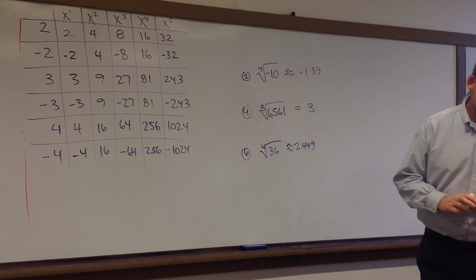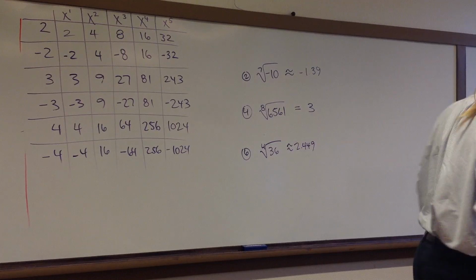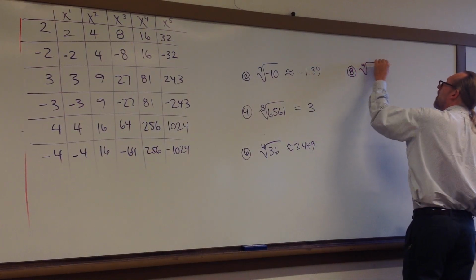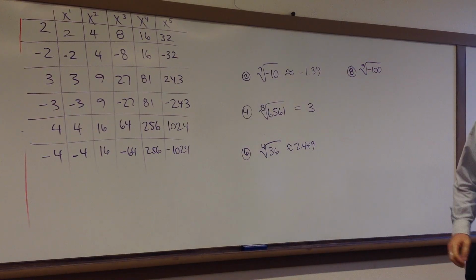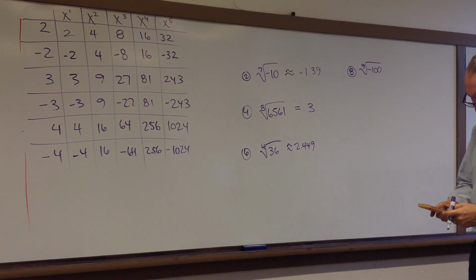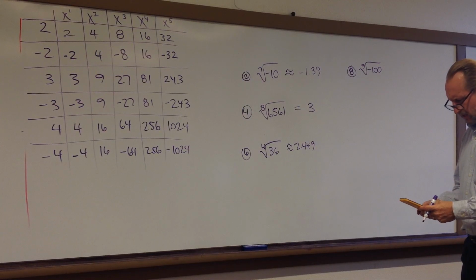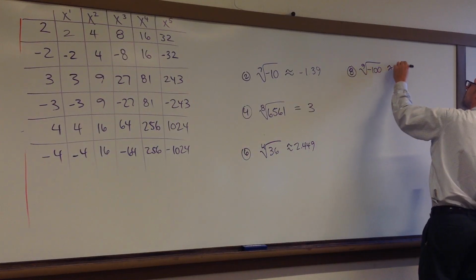And there we go. And then problem 8, the 9th root of negative 100. So let's see what that is. All right, 9th root, negative 100, negative 1.668.